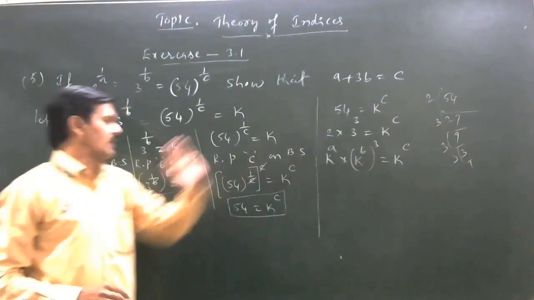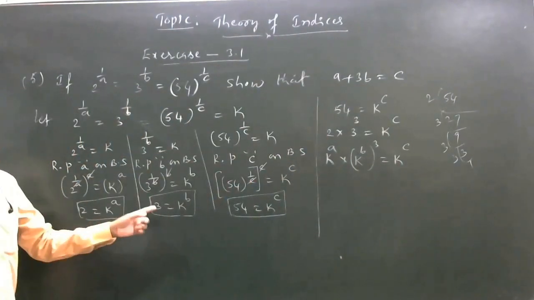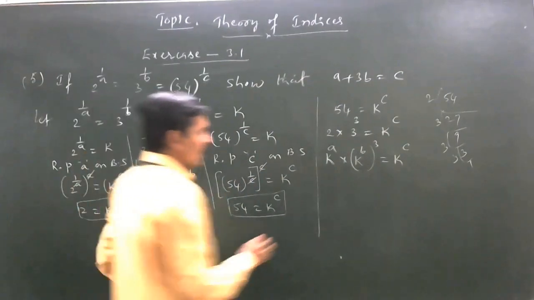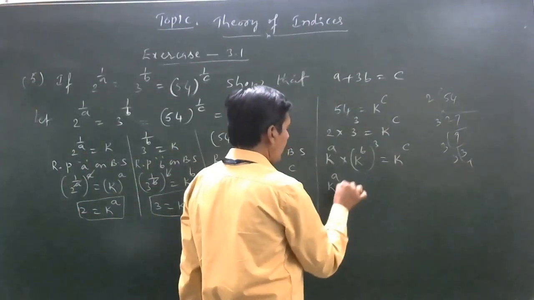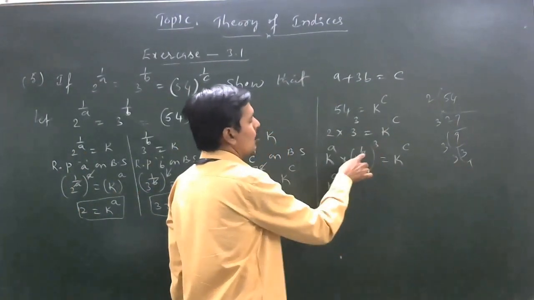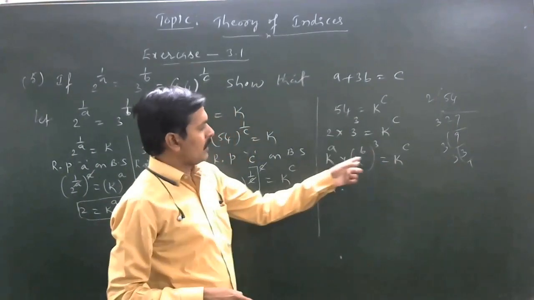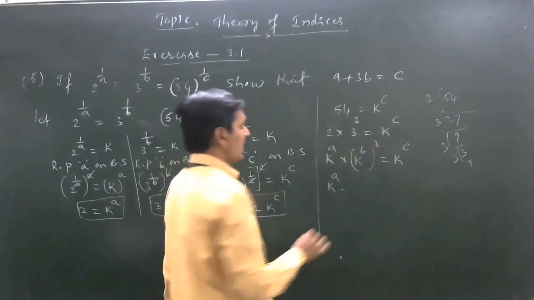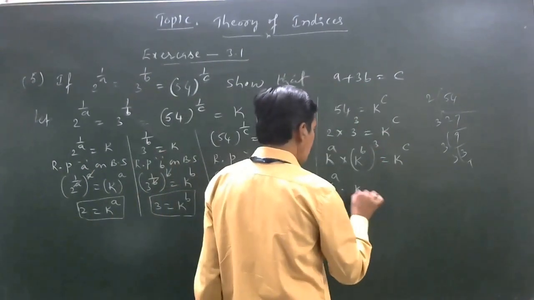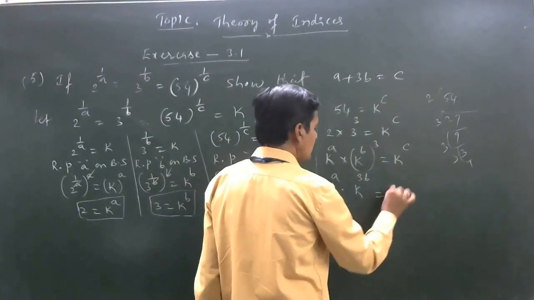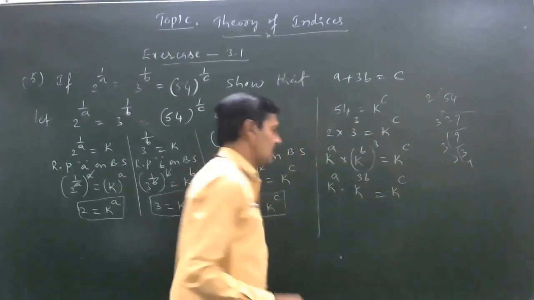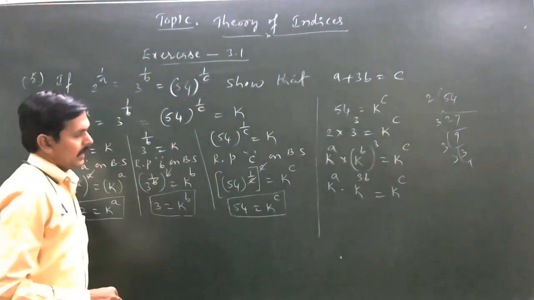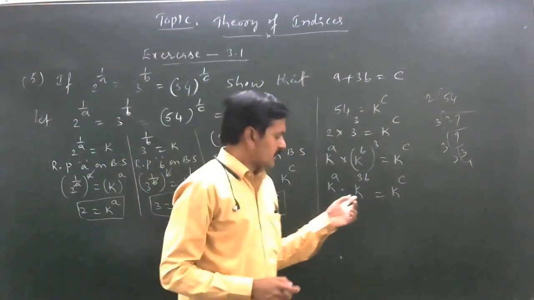Put in this equation the 2 value and 3 value. Here k power a into k power b whole power 3. Here a power m whole power n is a to the power of m into n, so k power a into k to the power of 3b is equal to k power c. Next, here bases are equal.